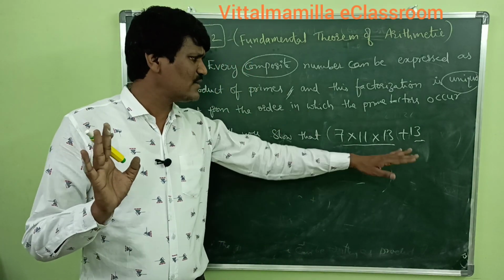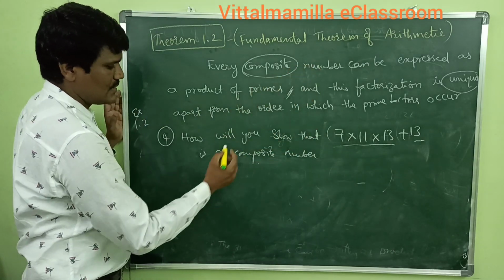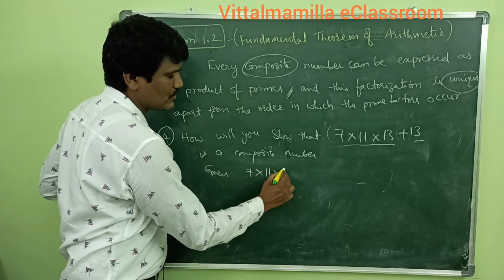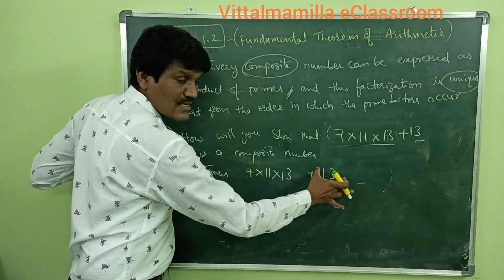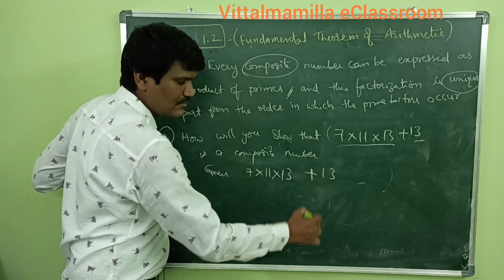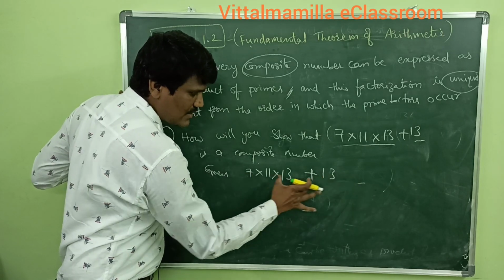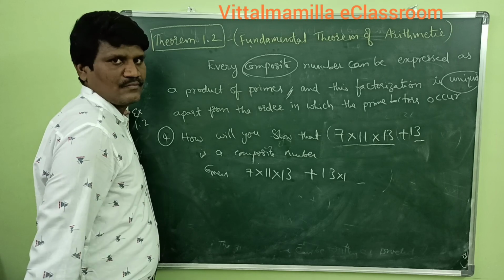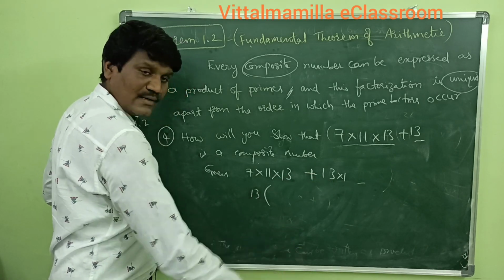Composite number means you write this as a product of any two numbers. How will you write it? Given 7 into 11 into 13 plus 13. This is one number and this is one number, separated by plus. If you observe these two numbers, what common factor can I take? 13 is nothing but 13 into 1, right? So I can take 13 common.